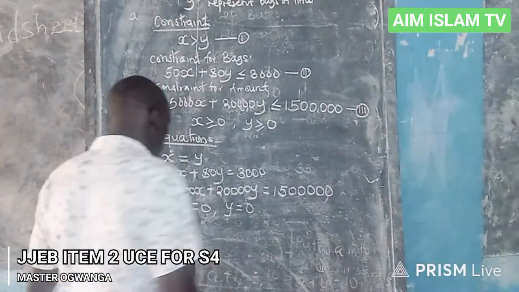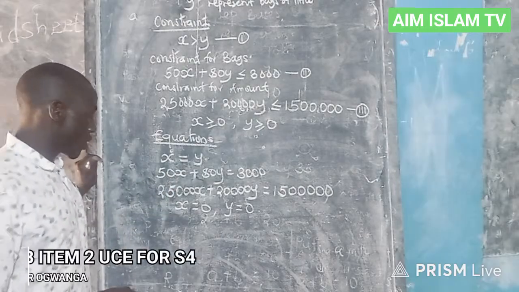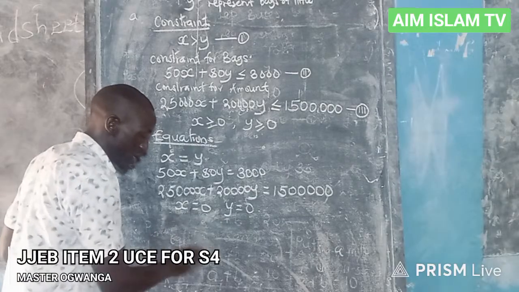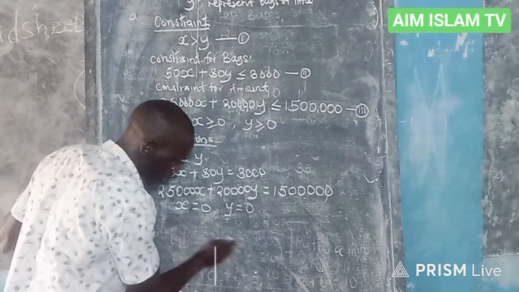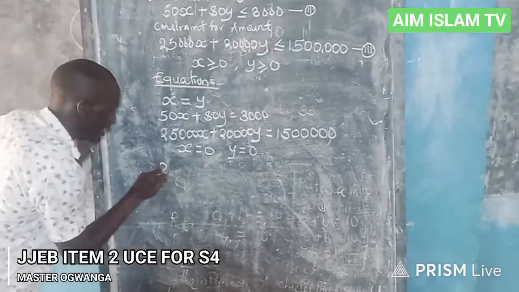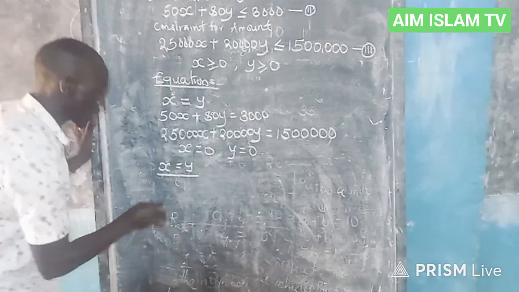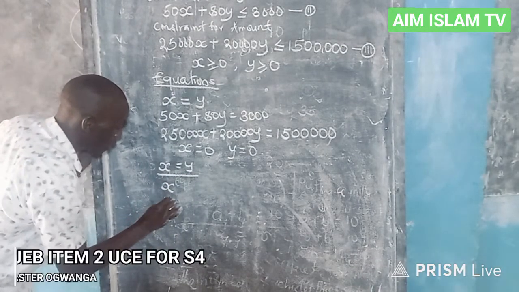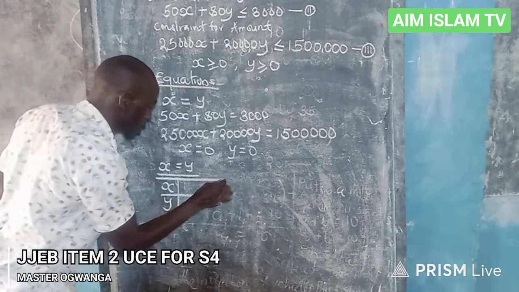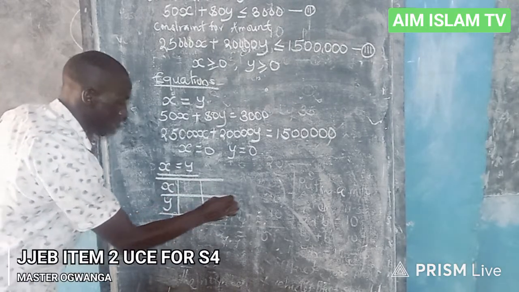So I am going to start with that, and I'm going to use a very simple method, which is the use of a table. We always use a table just to substitute; it is a very simple and easy method. I'm going to start with the line x equals y. We are going to get at least two points.